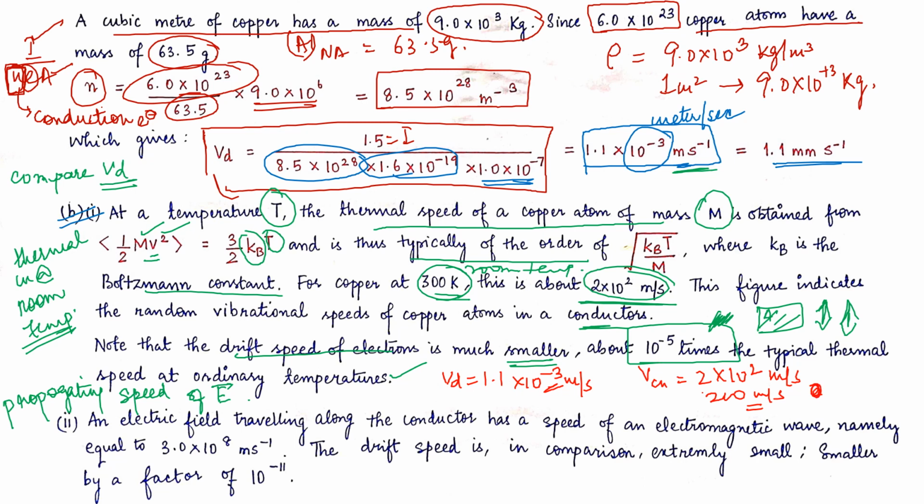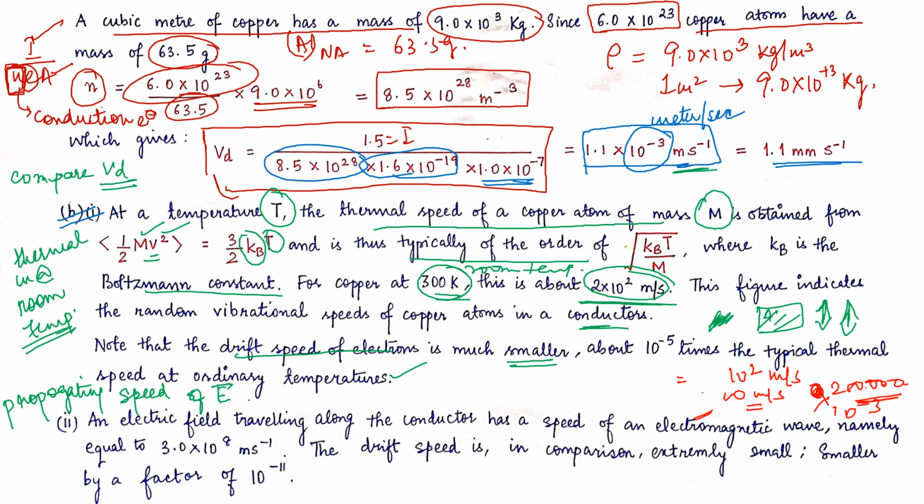Vd is smaller than the speed of copper atoms by a factor of 10 to the power 5.